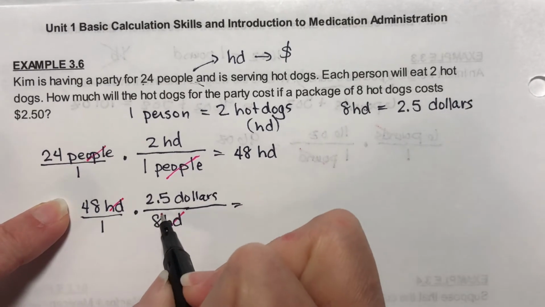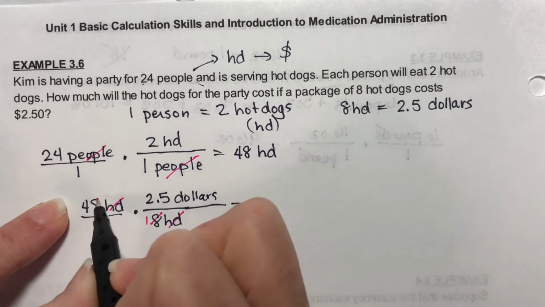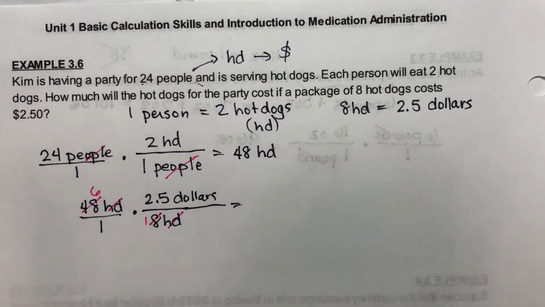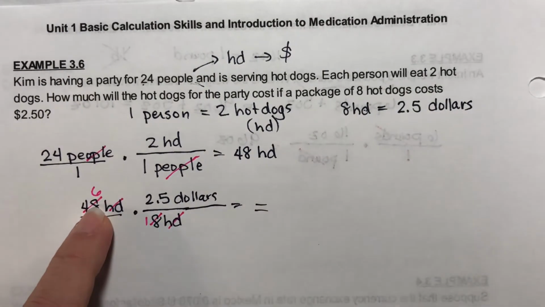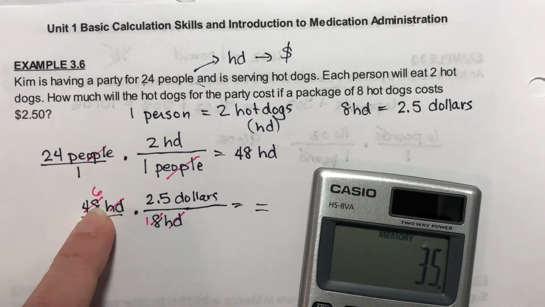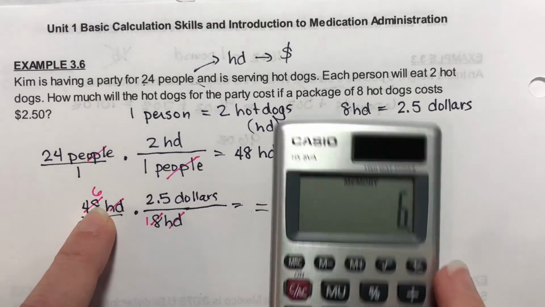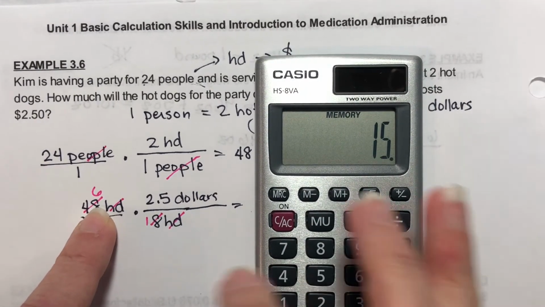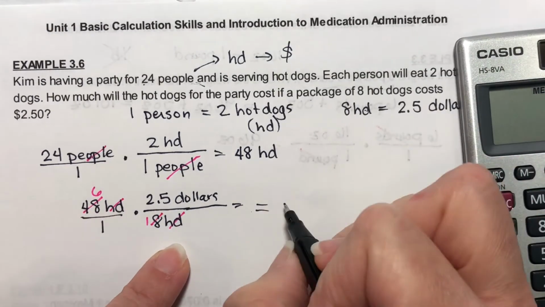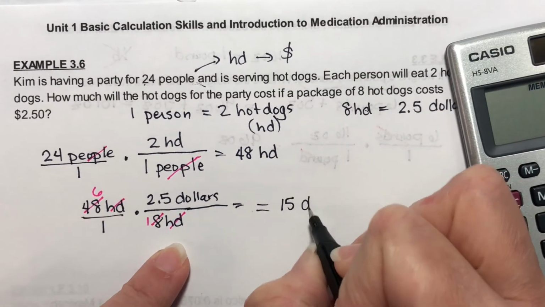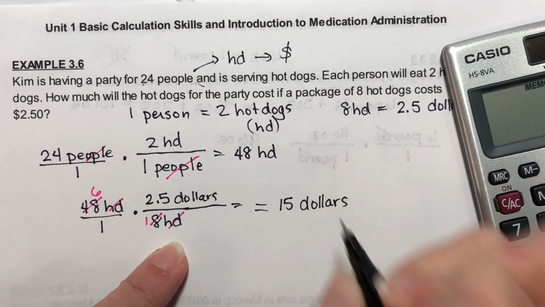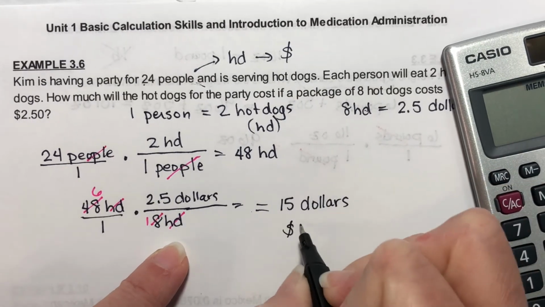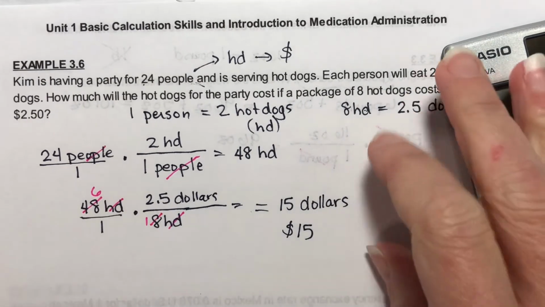If I divide this by 8, I get a 1. If I divide this by 8, I get a 6. So what I have left is 6 times 2.5, which gives me 15. So $15, which we would normally just write like that. And that would be your answer.